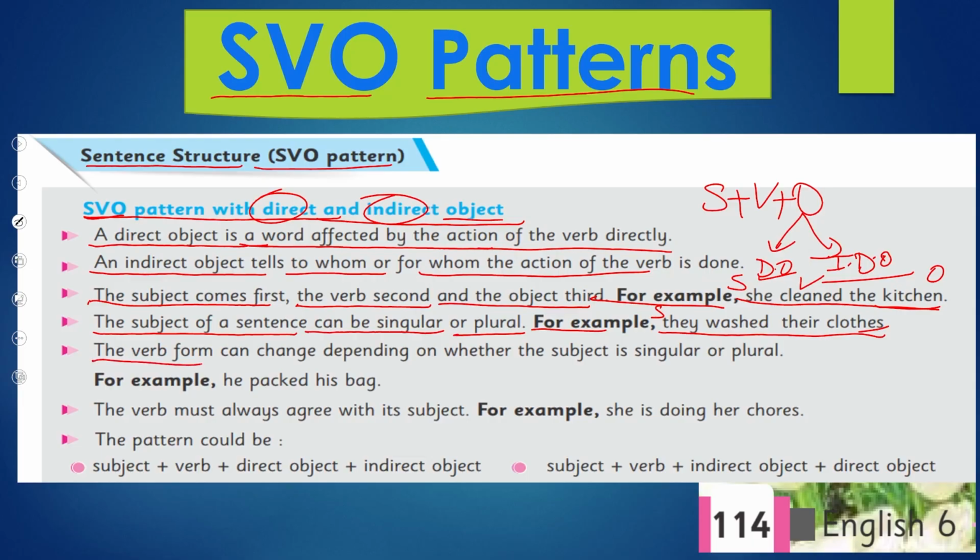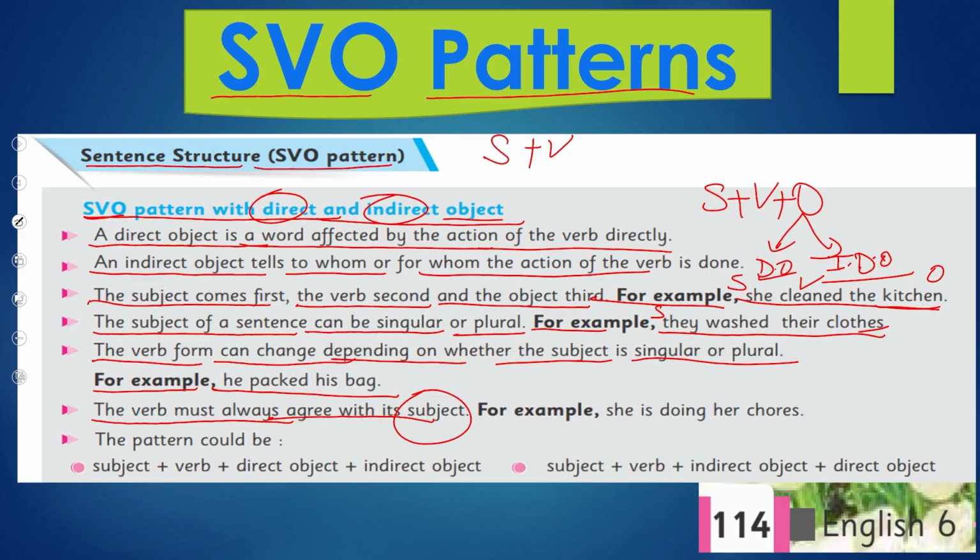The verb form can change depending on whether the subject is singular or plural. Definitely the verb is changed according to its subject. For example, he packed his bag. The verb must always agree with its subject. It is the basic rule of the patterns that the verb will be according to its subject.